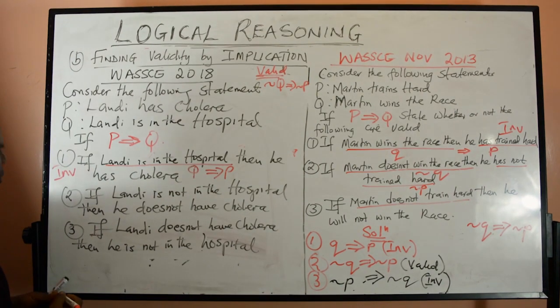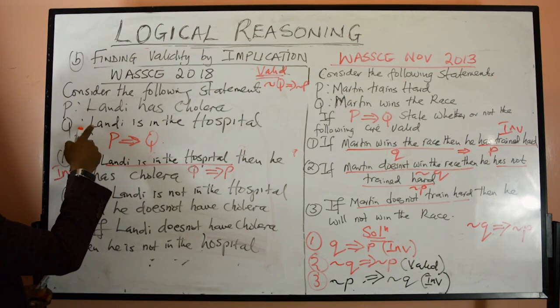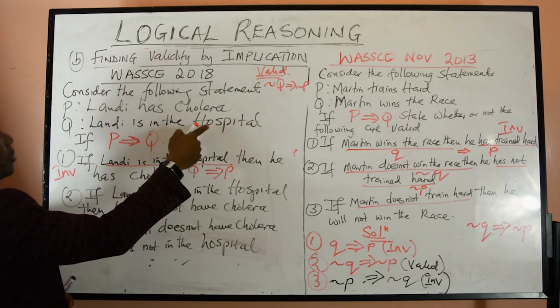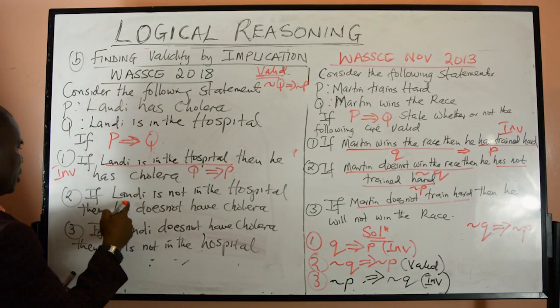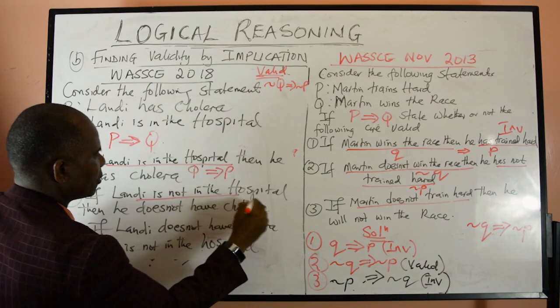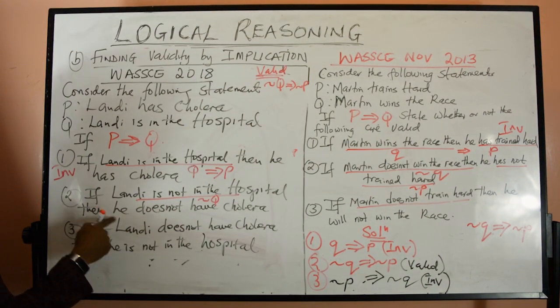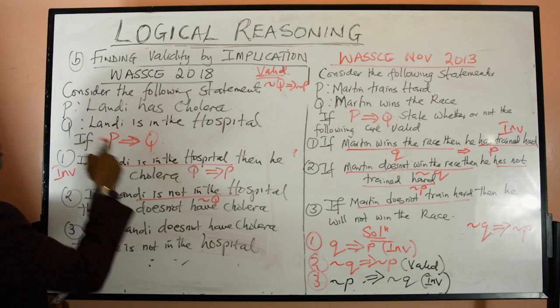Now we go back to Landing. If Landing is not in the hospital: Landing is in the hospital is Q, so is not in the hospital must be negative Q. Then he does not have cholera.